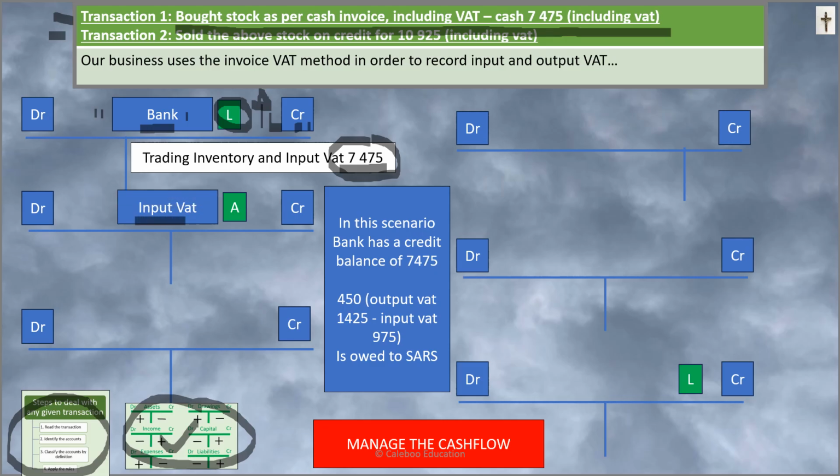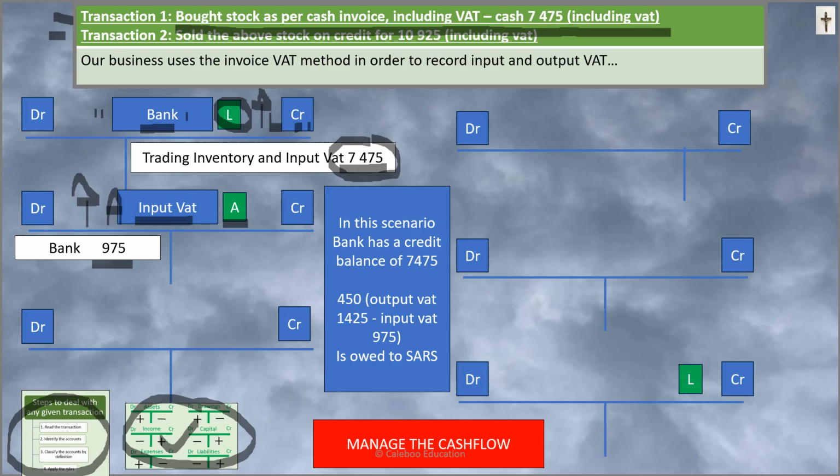We can claim input VAT on stock, and input VAT is an asset. If I go and multiply the 7,475 by the VAT fraction, we will get the VAT amount of 975. So input VAT is an asset. We can claim that amount back from the revenue services.